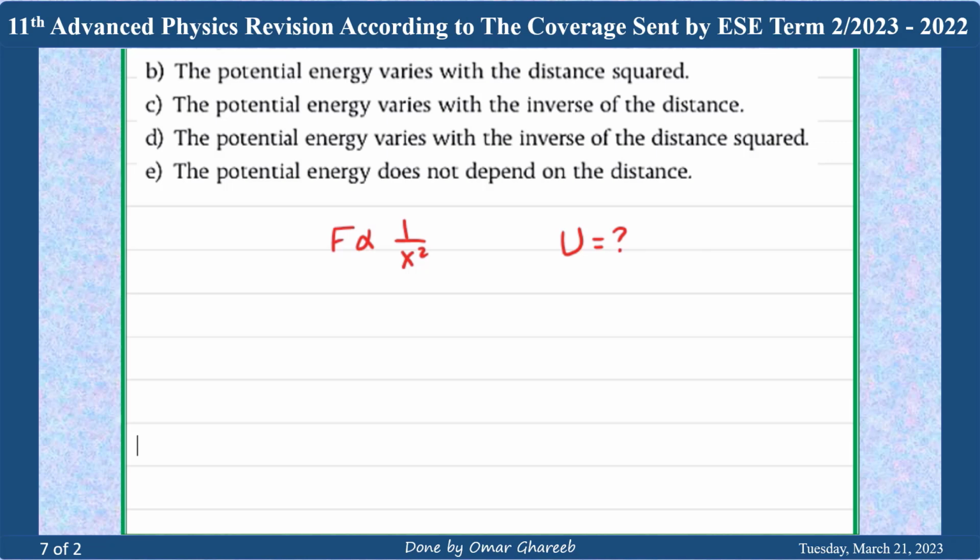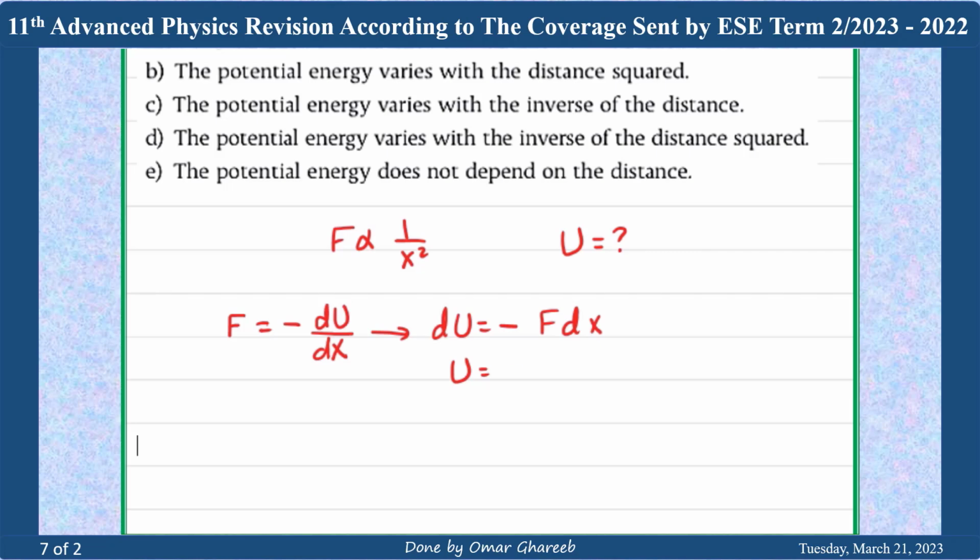For a conservative force, the force can be derived from the potential energy, like F equals minus dU by dx in one dimension. So dU should be minus F dx. If you want U, you must integrate.